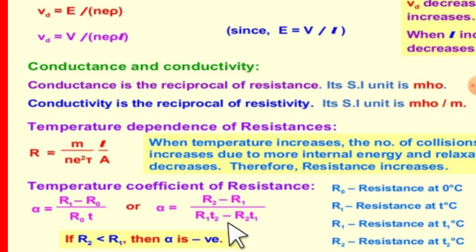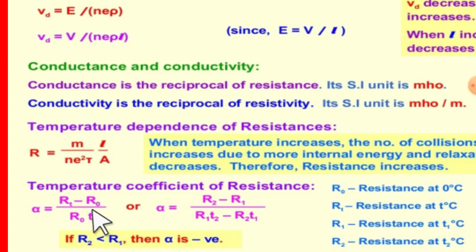And the temperature coefficient of resistance. There are two types of temperature coefficient of resistance. If resistance increases with the increase of temperature, we call it a positive temperature coefficient of resistance. And if resistance decreases with the increase in temperature, then that type of material we call as having what?